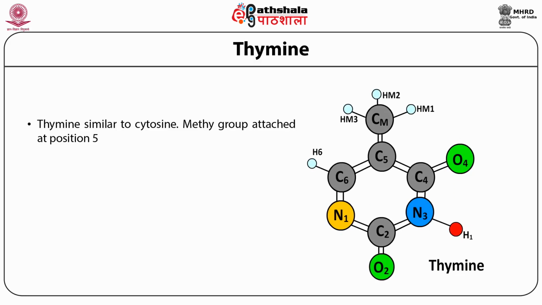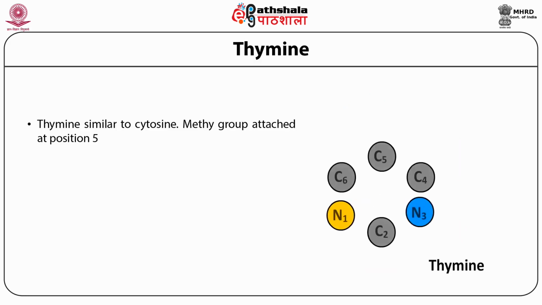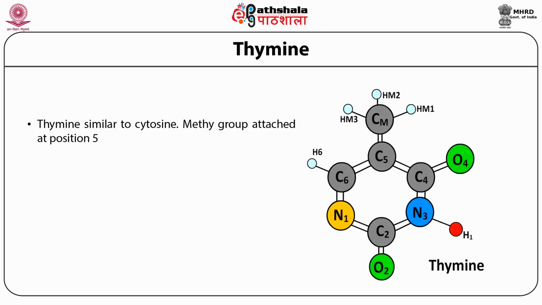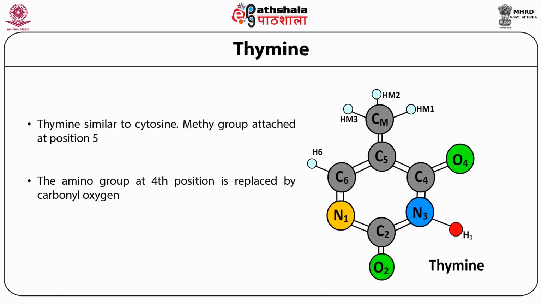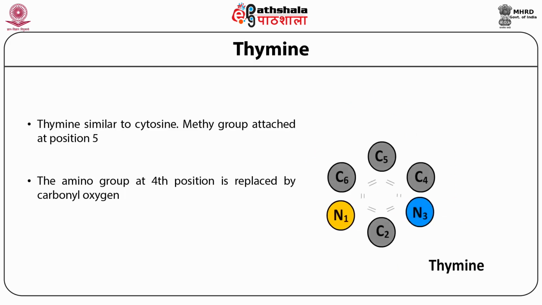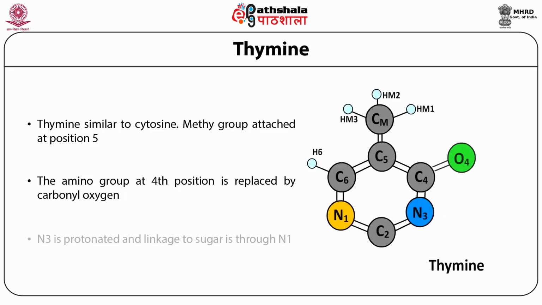There is another proton at C6, the electron donor, shown in red, and the oxygens in green and the glycosylic linkage in yellow. The methyl group is attached to position 5. The amino group at the 4th position is replaced by a carbonyl oxygen, and N3 is protonated and the linkage to sugar is through N1.